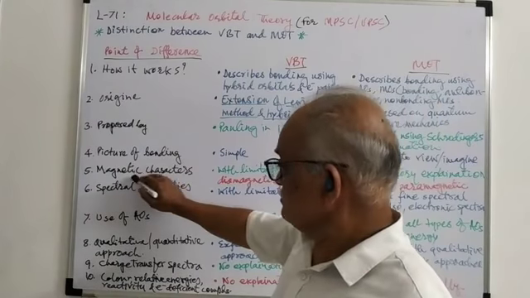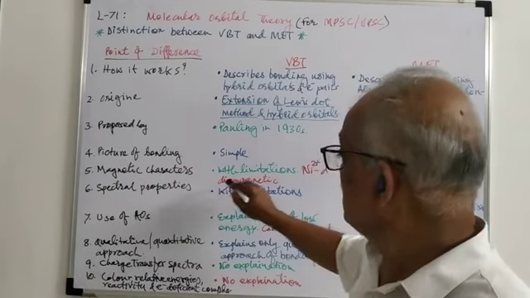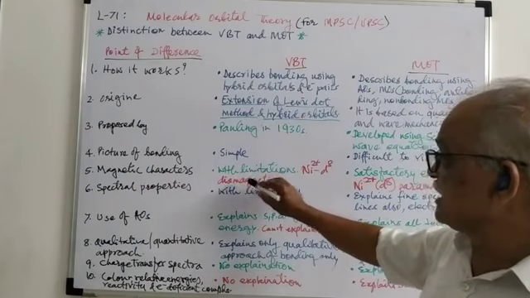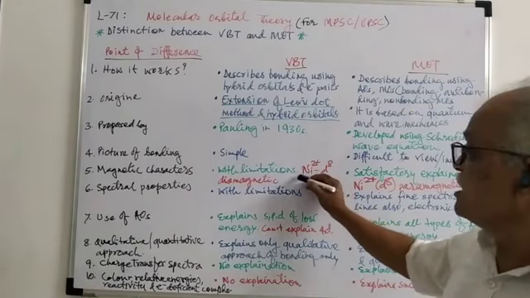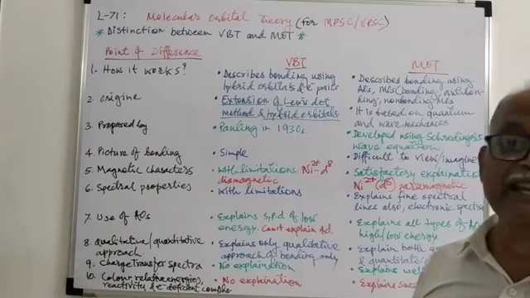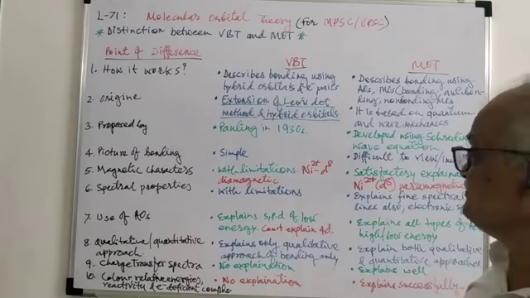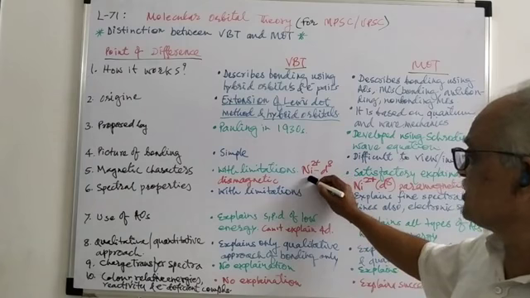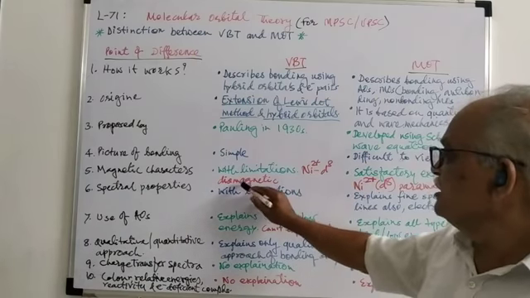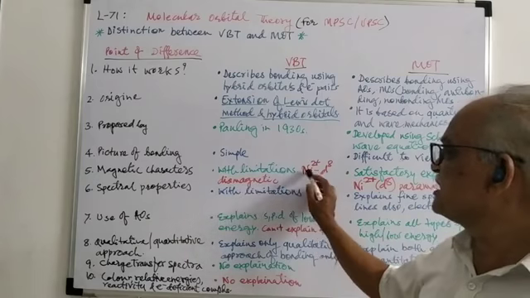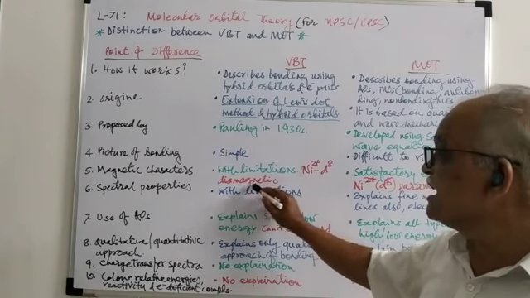Further, magnetic characters. VBT has a large number of limitations when the magnetic characters are to be explained. For example, the Ni2+ ion having d8 configuration, the complexes of such type are shown to be diamagnetic.